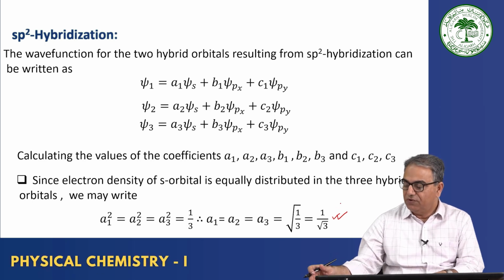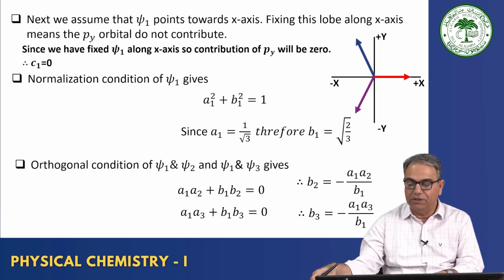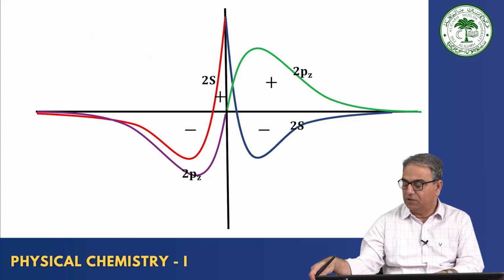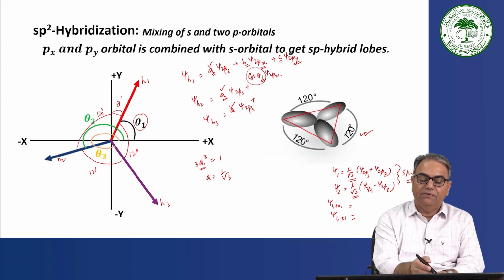Okay. So for finding out b1, b2, b3, c1, c2, c3, the first thing is that we assume one of the orbitals to be on the x-axis, and this is an easier way to do it, because here what I have done is that I have drawn the orbitals in between the axes.